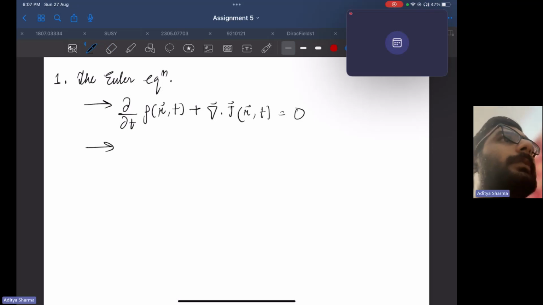And the last Euler equation, which is just given by this.